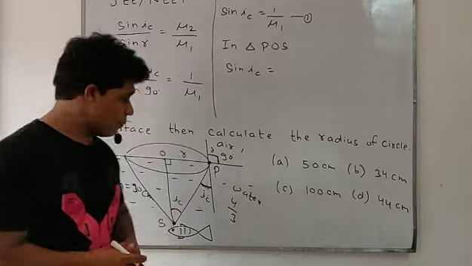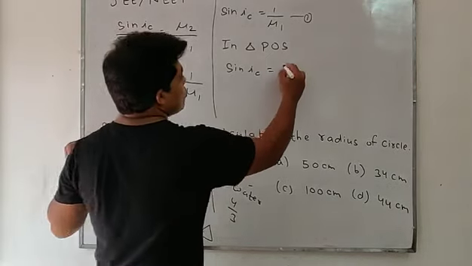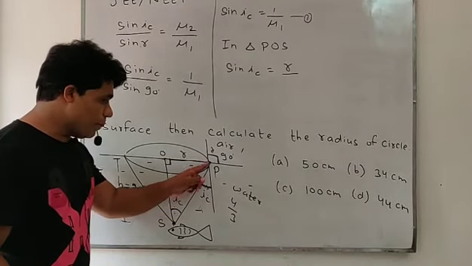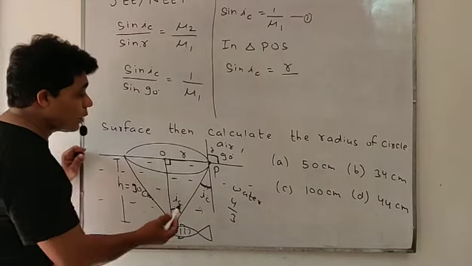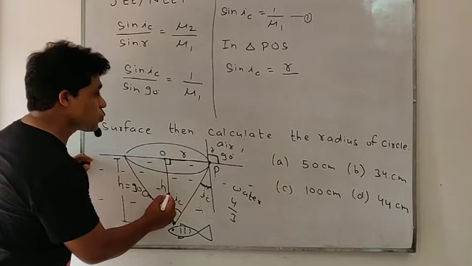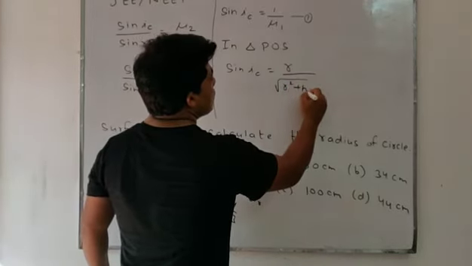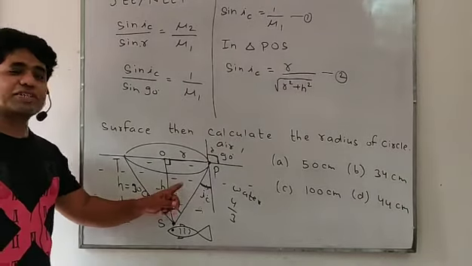Perpendicular by hypotenuse. So this is R, perpendicular, this is 90. So R is perpendicular, and opposite to 90, this side PS is said to be hypotenuse. How can you find? Using Pythagoras theorem. R square plus this is height h square. So you can write root R square plus h square. Equation second. I applied sin IC in this triangle.